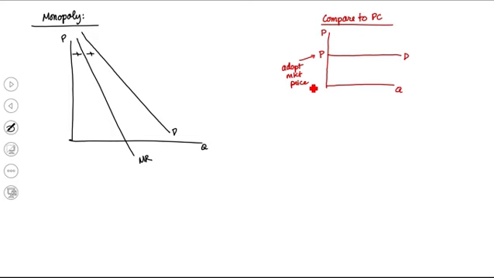Good. Now, one thing that we didn't illustrate as clearly, but we're going to do it now, is that we actually have a marginal revenue curve for perfect competition. And that marginal revenue curve is the same as the demand curve. Let's think about why that would be. Let's say that our price is $10. So if our price is $10 and I produce and sell the first unit, what do I get? $10.